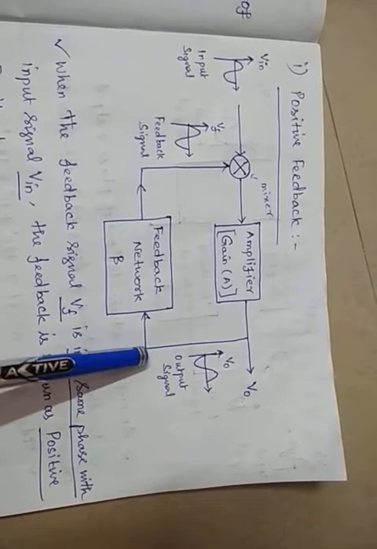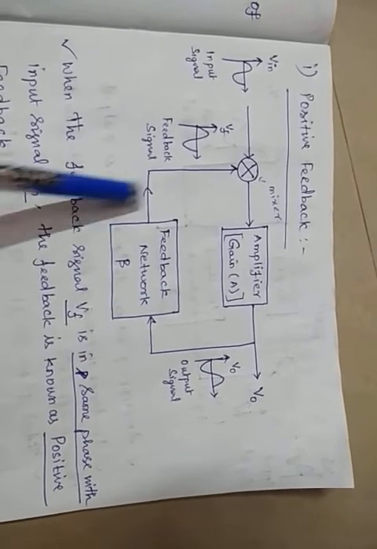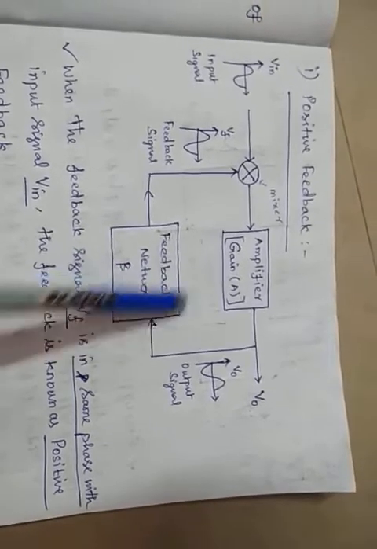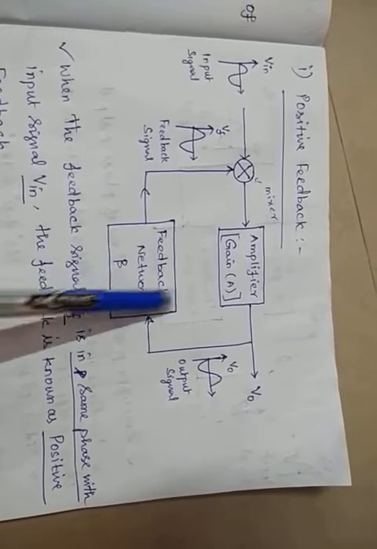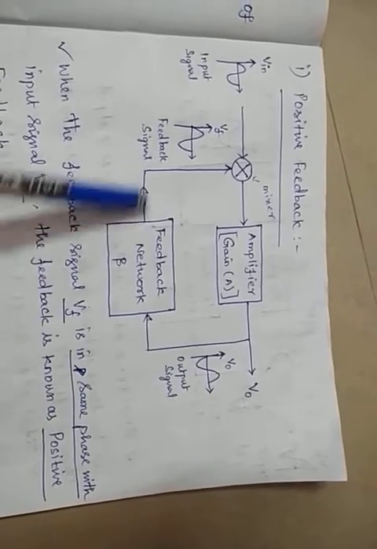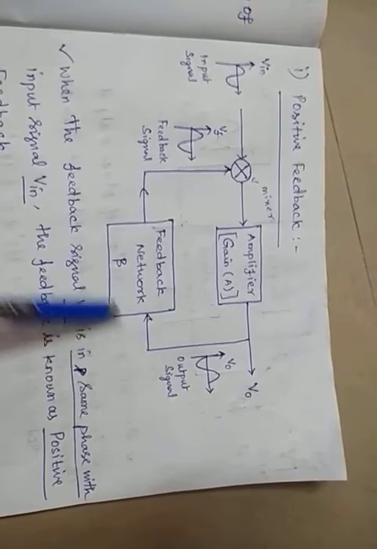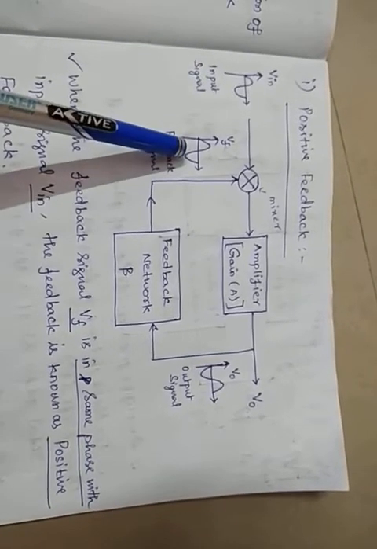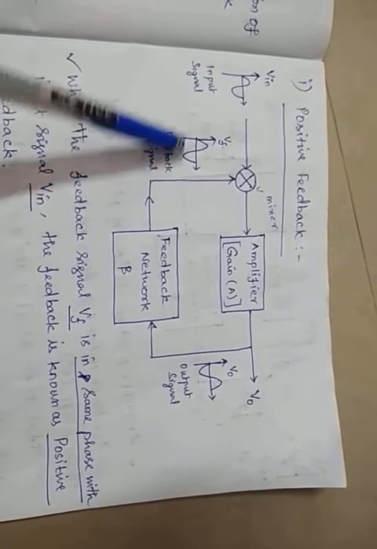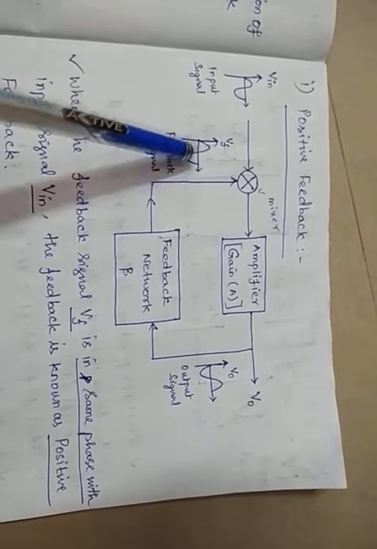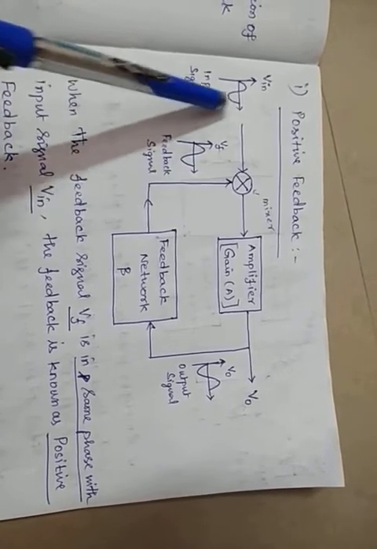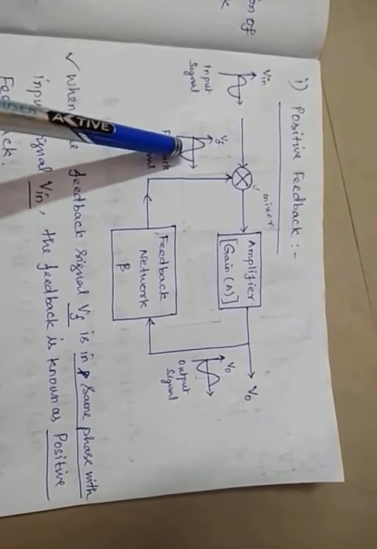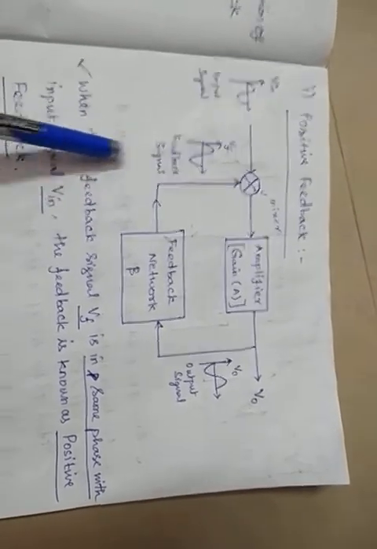This part of the output is again fed back with the input through the feedback network. In the feedback network also I am introducing a 180 degree phase shift, which means the signal again gets a 180 degree phase shift. Finally, the feedback signal and the input signal are both in the same phase. This kind of feedback is called positive feedback.